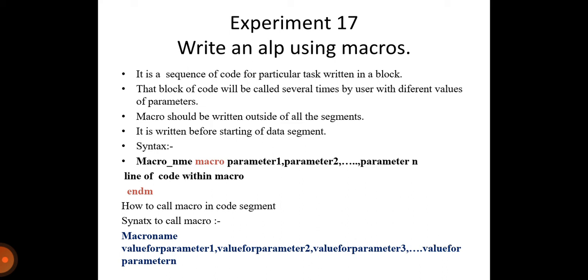Whatever instructions you write inside the macro come after that. After writing all the instructions, you end your macro by writing just endm. No need to write the macro name, just write endm. Remember this.